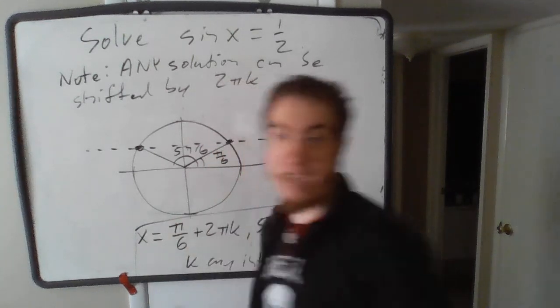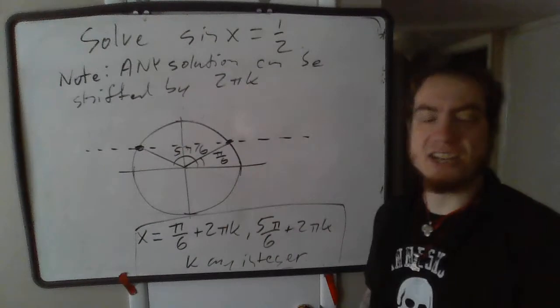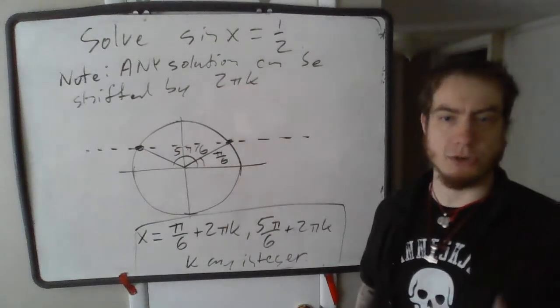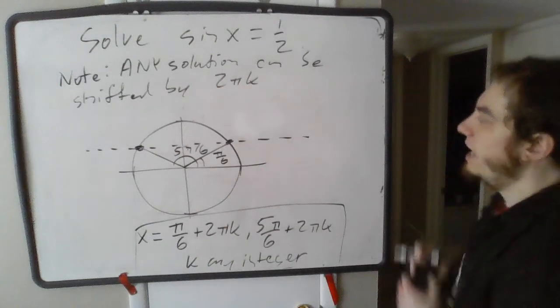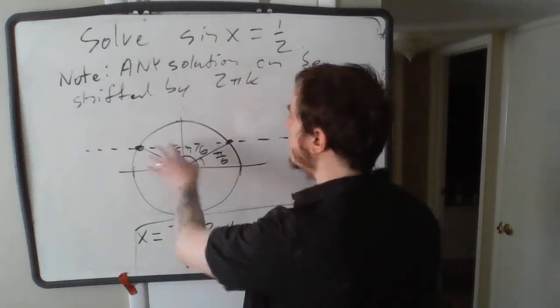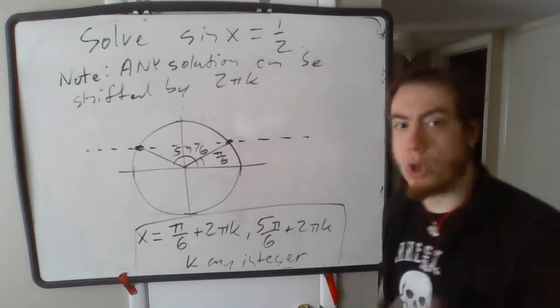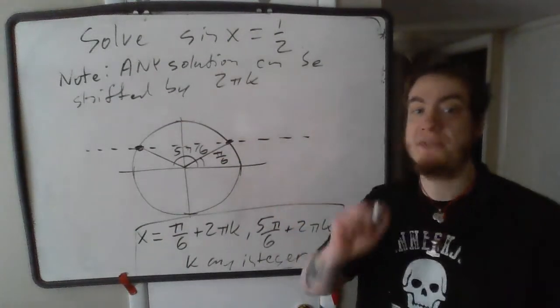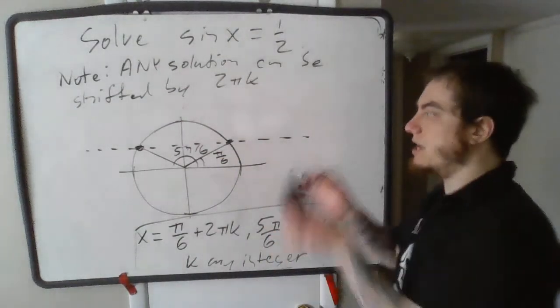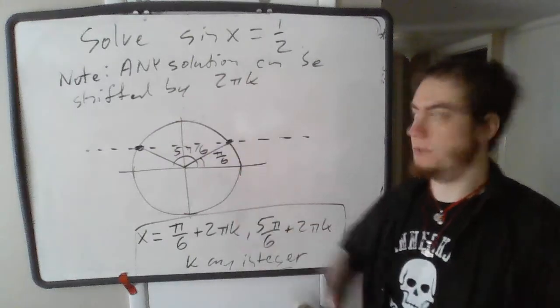And this whole thing is our solution. We get an entire family of solutions, because we get these two different solutions over one period, and then we also have to shift those solutions to all the other cycles.